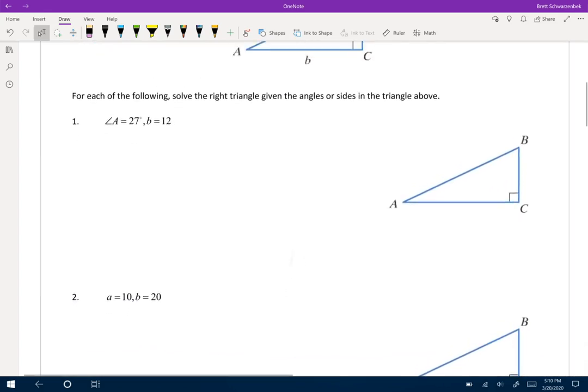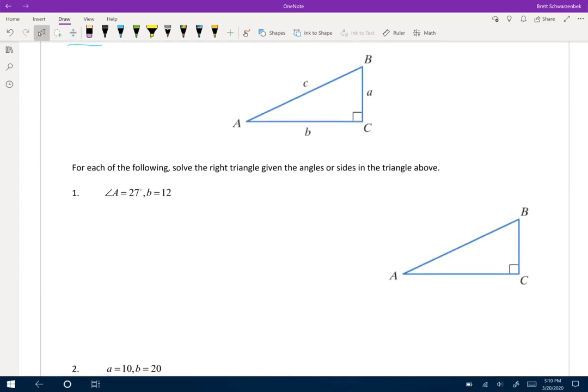You'll find that this is all very much a review of things we've done before, but we're kind of bringing it all together. If you look at the triangle at the top here, just recall that if you have an angle A, let's say, then you always label the side opposite it with the lowercase version of that. That allows us to label things quite easily when looking at the triangles.